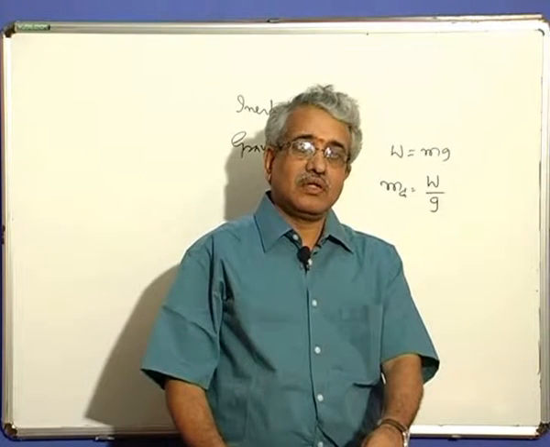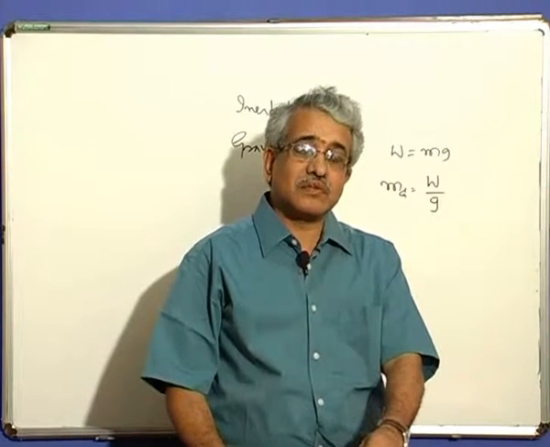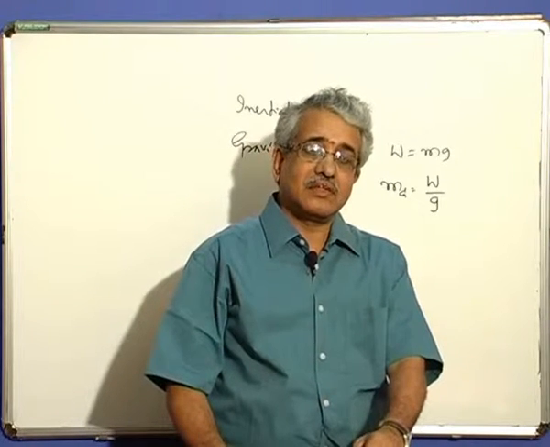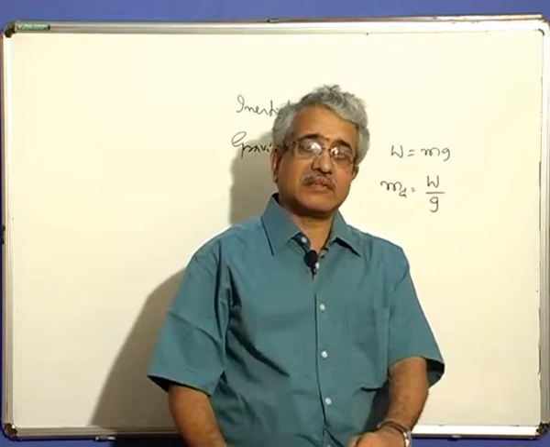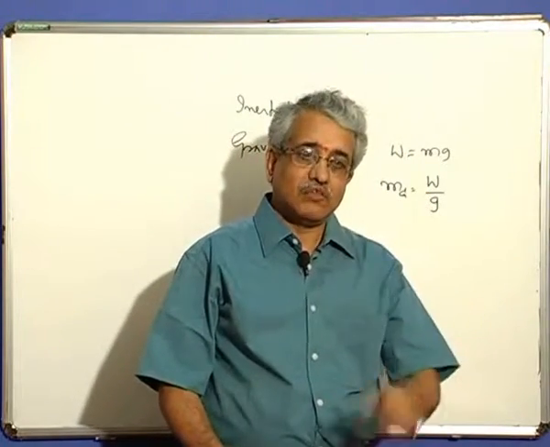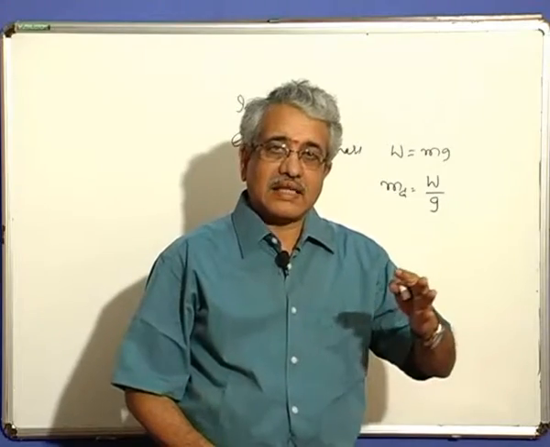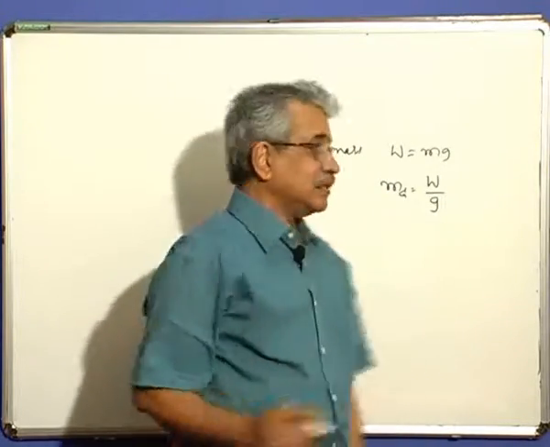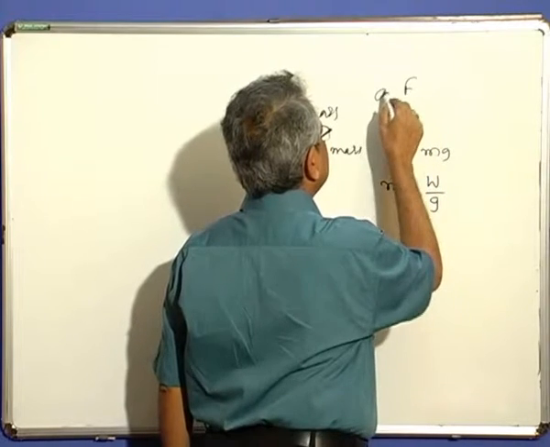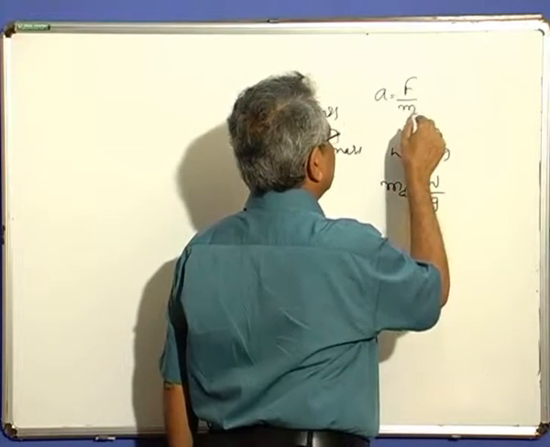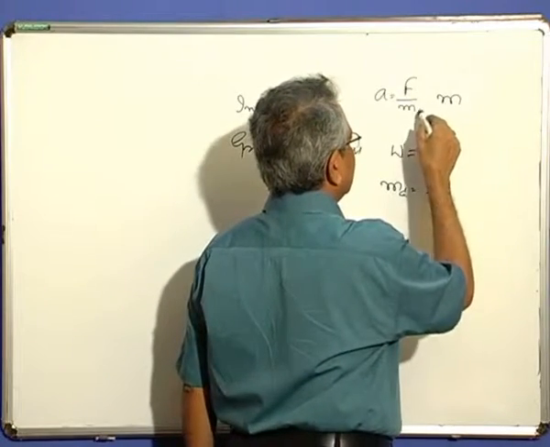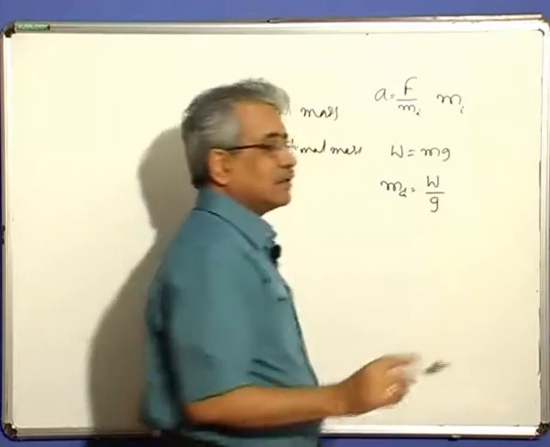Suppose now you want to find out how much it is. How do you find it? There is no method of finding that there. Otherwise speaking, no balance can measure it. What to do? Apply a force on it. When you apply a force on it, what happens? Acceleration is generated. So you apply a force and acceleration is generated due to the mass, and this is due to the inertia.